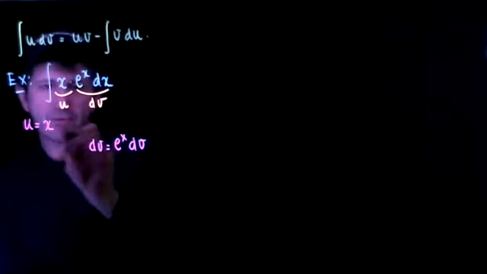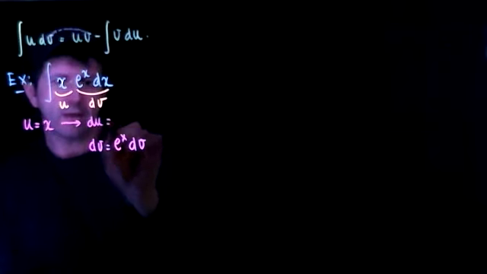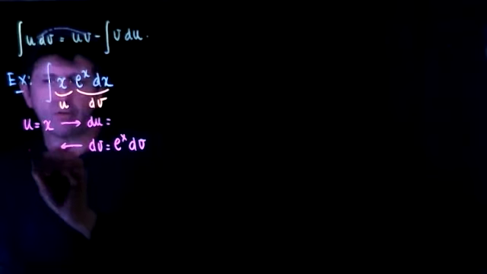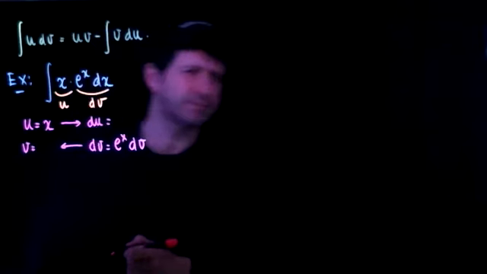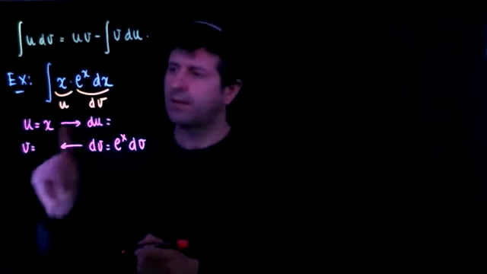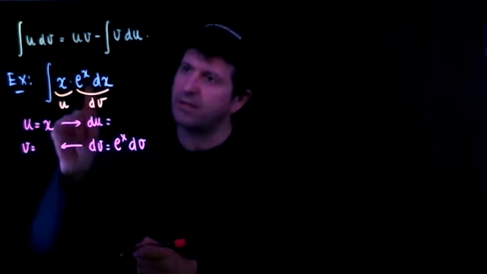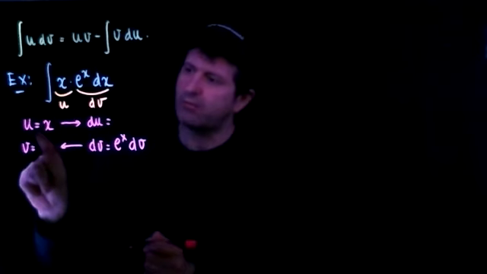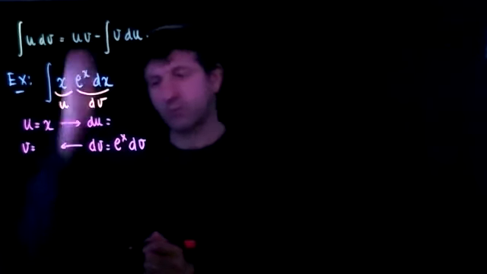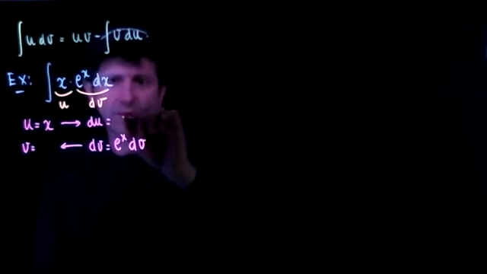And then from the u, I'm going to find what the du is, and from the dv, I'm going to find what the v is. You understand the logic? So I decided u is x, and e to the x dx is dv, u times dv. Then from u, I'm going to find du. The derivative of x is just 1 dx.